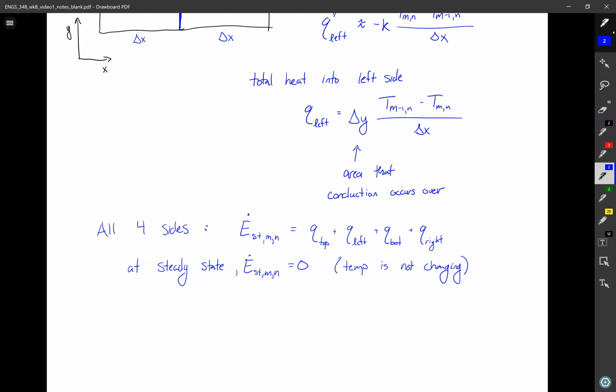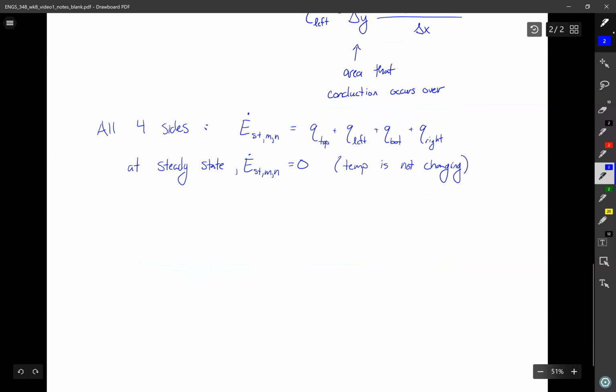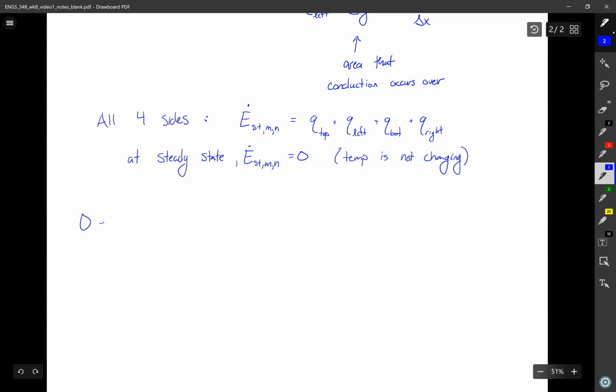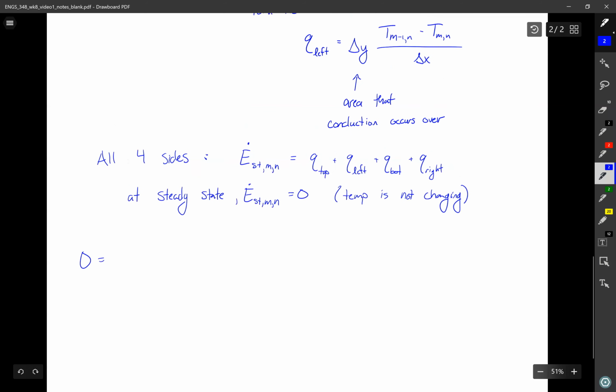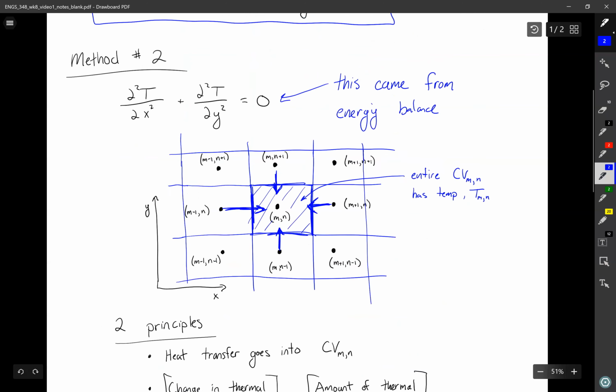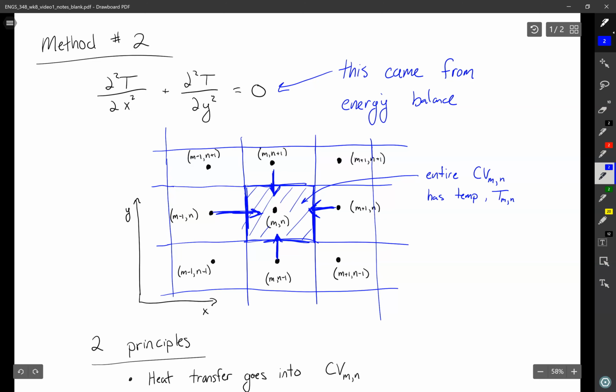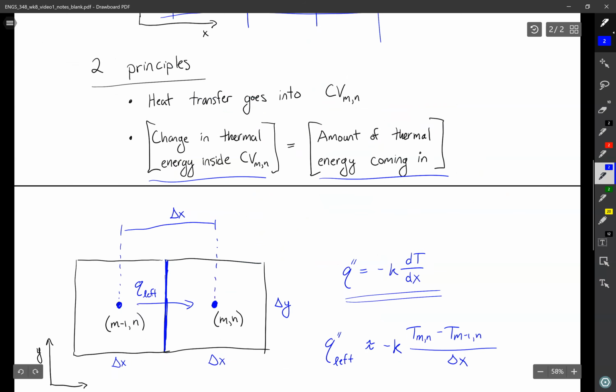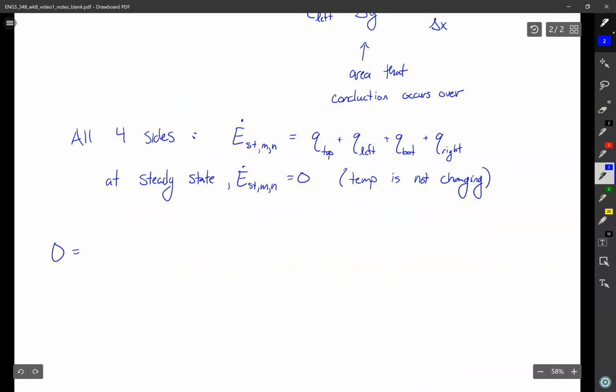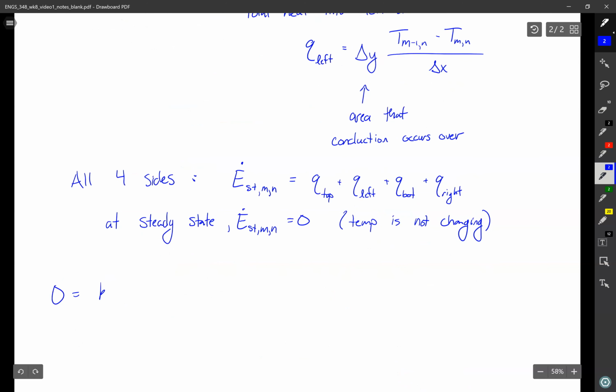So we could write that 0 equals, okay, so we'll write Q top. Coming back to this picture, it would be the heat coming in at this top surface from T_m,n+1. This would be K times T_m,n+1 minus T_m,n.